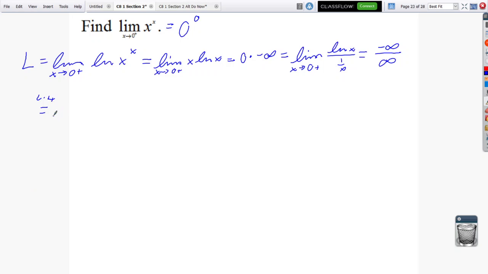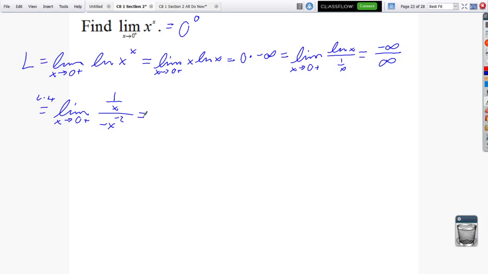L'Hopital would give me limit x approaches 0 from the right. Derivative of ln of x is 1 over x. Derivative of x to the negative first, 1 over x, is negative x to the negative second. That might be an easy one just for you to store in your brain, that the derivative of 1 over x is negative 1 over x squared.